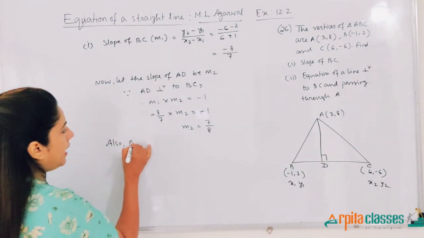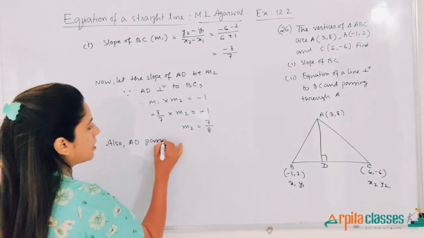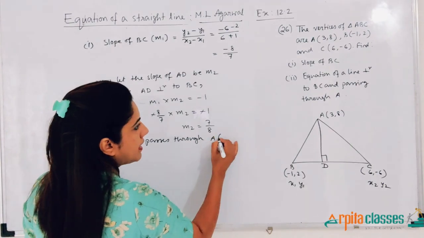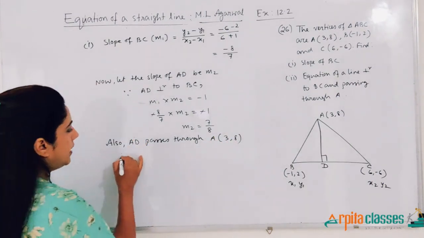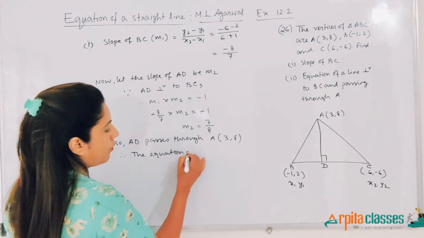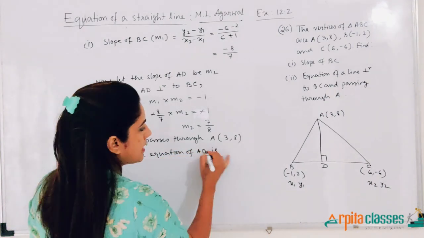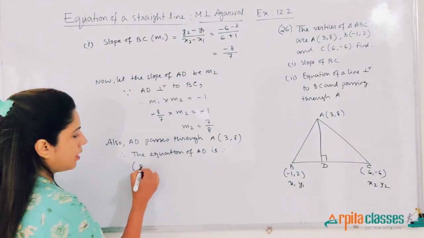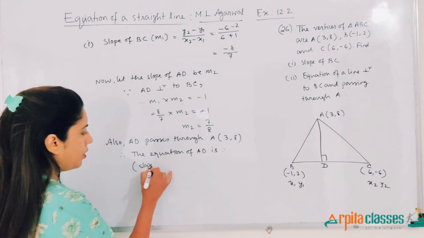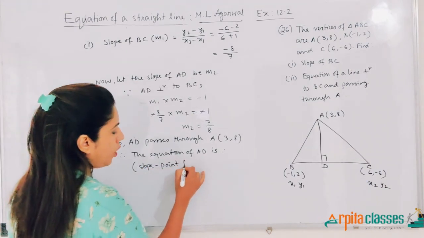Also AD passes through A, that is (3, 8). Therefore the equation of AD is, which form you are using? Slope point form. So here you write down slope point form.